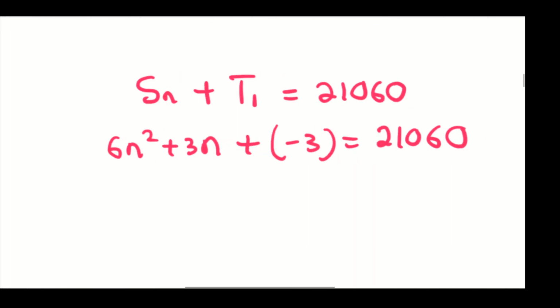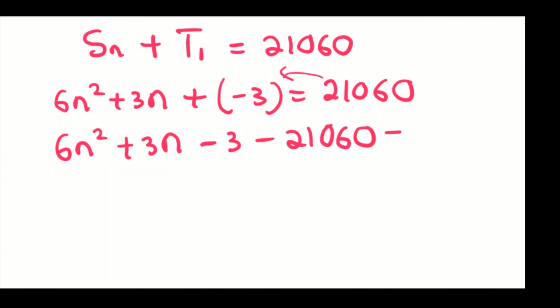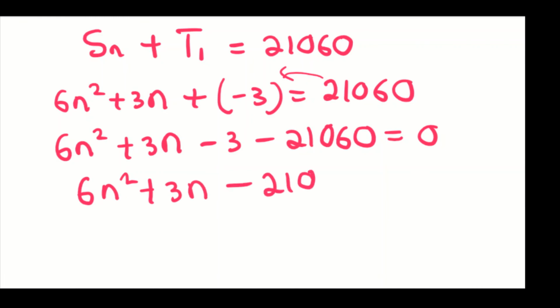So minus 3 equals 21060. What you're going to do is just add and subtract everything. So we're going to transpose this to the other side. So you have 6n squared plus 3n minus 3 minus 21060 equals 0, right? So the whole point here is to identify the n term. So it's going to be 6n squared plus 3n minus 21063 equals 0.